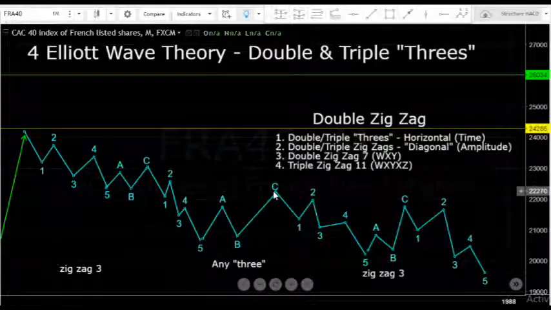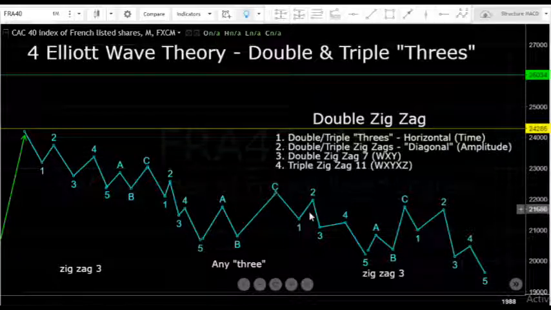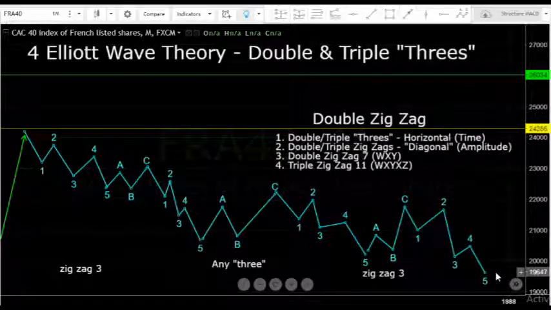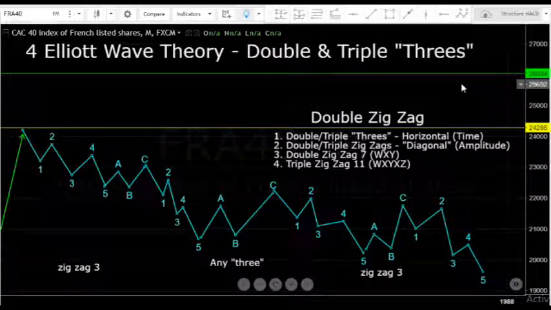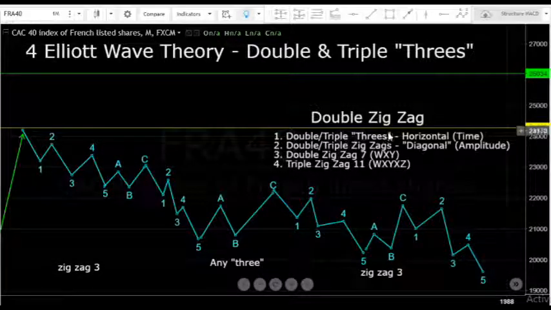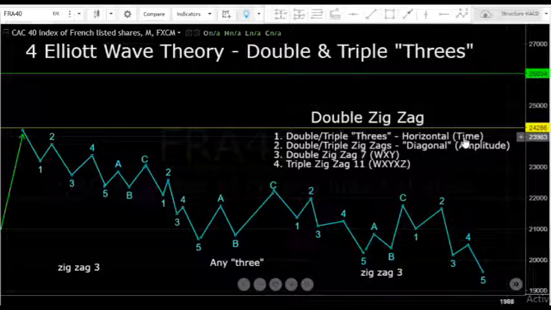Then we have our X wave, just as we had in our double and triple 3s, and then we have another zigzag. So where double 3s and triple 3s differ from double and triple zigzags is that the purpose behind a double 3 or a triple 3 seems to be that price is waiting for something to happen before it moves up, and there isn't any major force moving price downward.